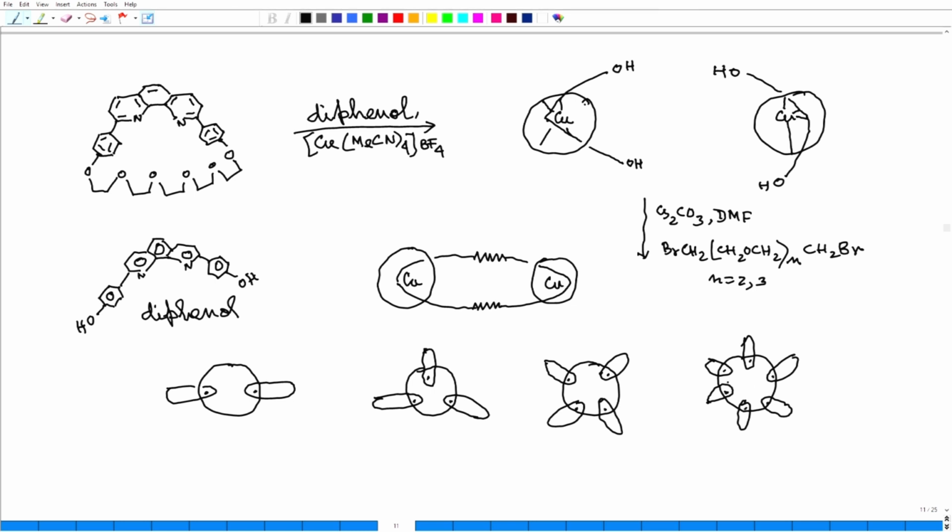Very interesting looking molecules could be synthesized by using the coordination tendency of copper 1, all done by the high dilution technique, and copper 1 has a strong tendency to make tetrahedral coordination.